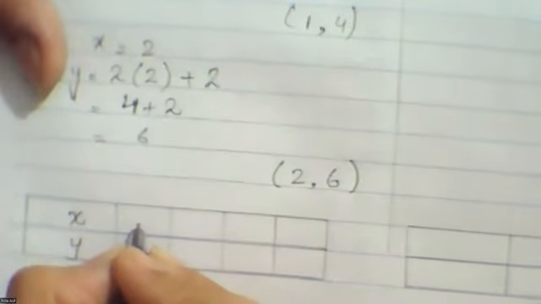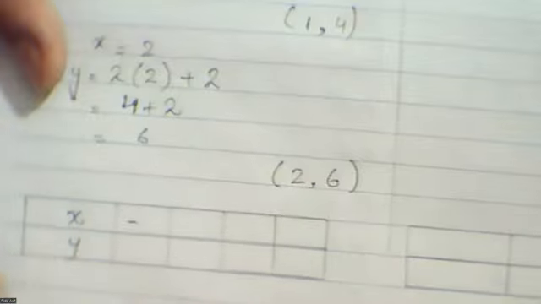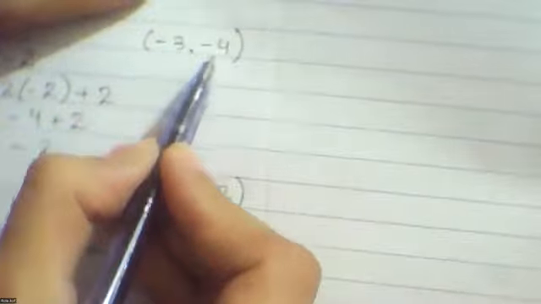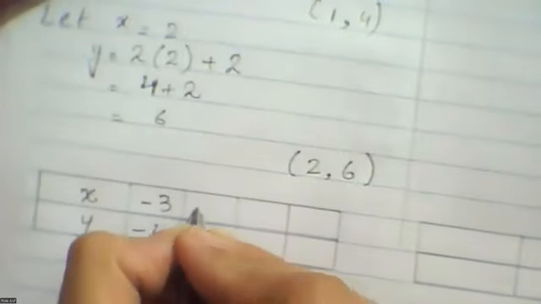Now, what is the first value of x, student? What was the first value? Our first value was -3, -4, right? So in your table, write down -3, -4. What about the second value?